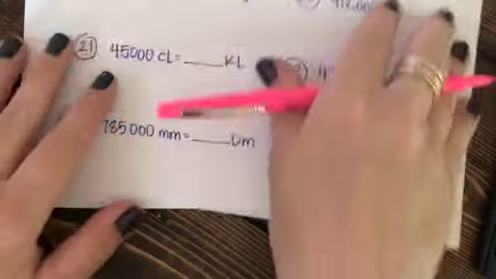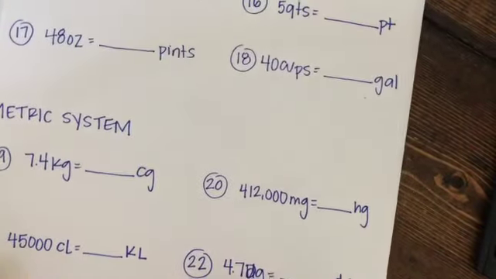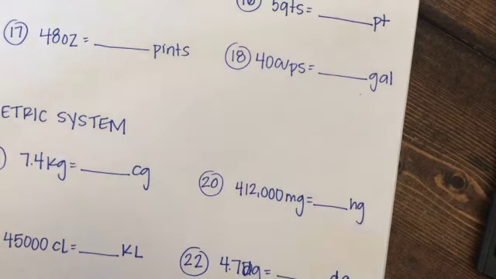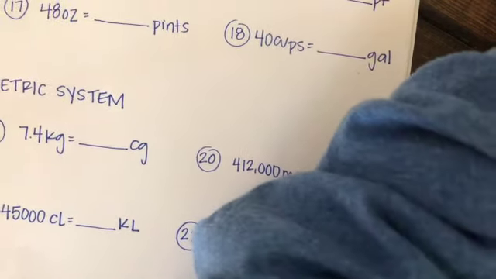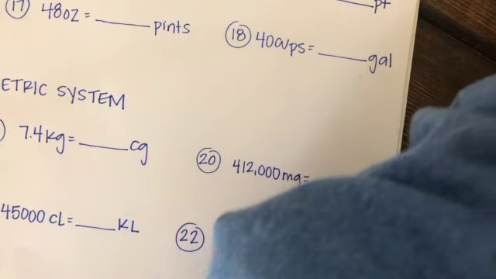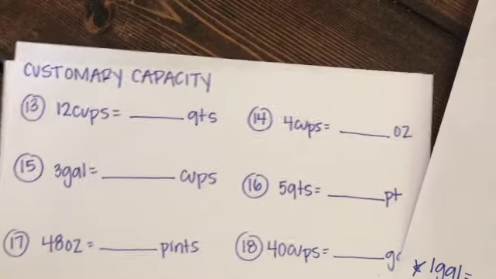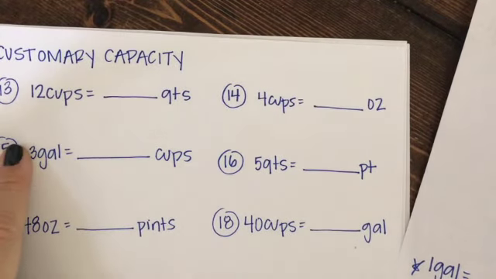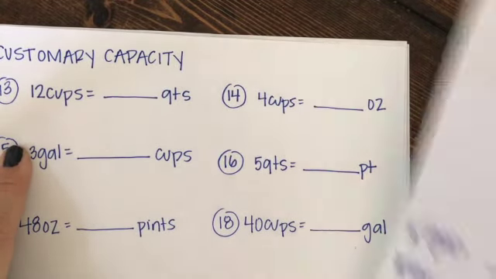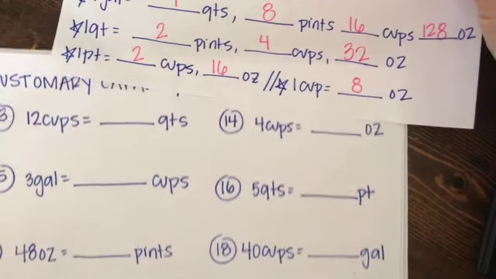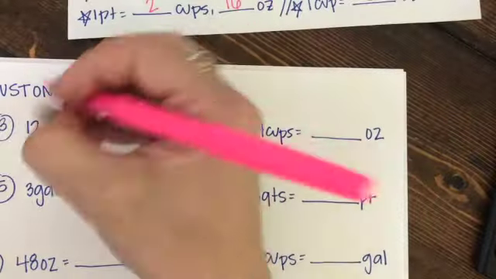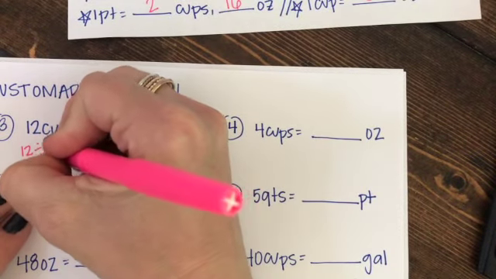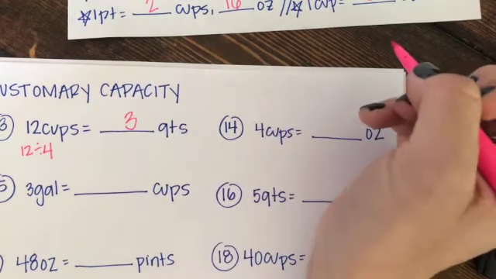Okay, moving on, customary capacity. So it says 12 cups is how many quarts? I'm looking for my little Gallon Guy, King Gallon sheet. I'm looking on my page, right, and I want to know, what relates cups to quarts? Well, 1 quart is 4 cups. So 12 divided by 4 is 3 quarts.